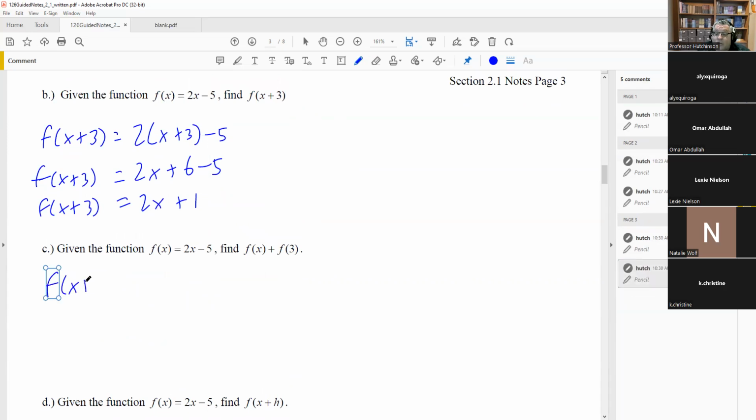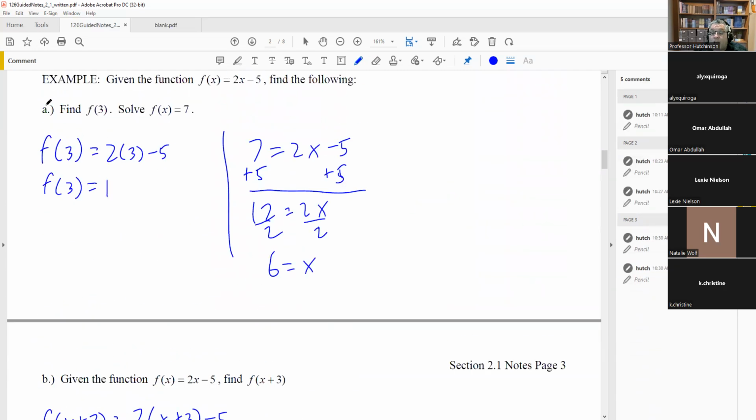f of x, we want to do f of x plus f of 3. f of x is this equation here, 2x minus 5. f of 3 from part A, we did that in part A, that was equal to 1. Again, where did I get f of 3 from? I got it from part A. We found f of 3, it's 1.